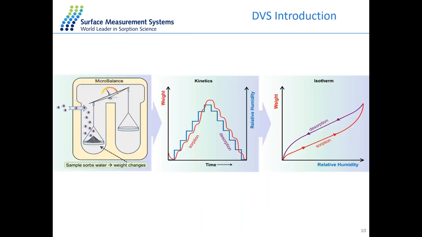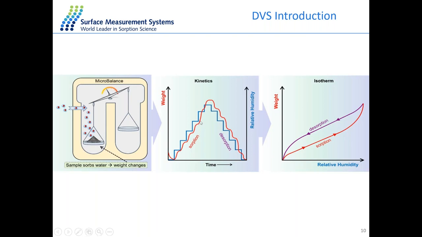And for a typical DVS experiment, we will first change the concentration of water or organic vapor inside the chamber. And then the sample inside the chamber will pick up those molecules and the mass change will be recorded. Then we can reach equilibrium at each humidity stage and generate this kind of mass plot for the kinetics information.